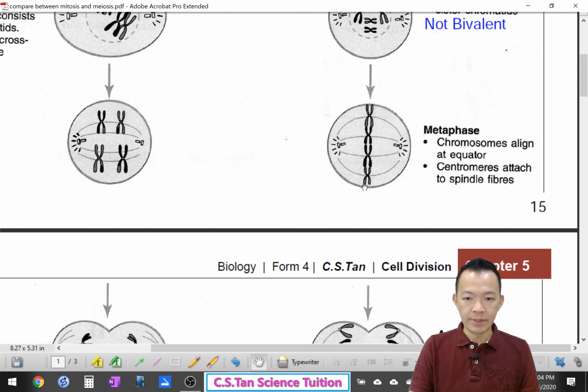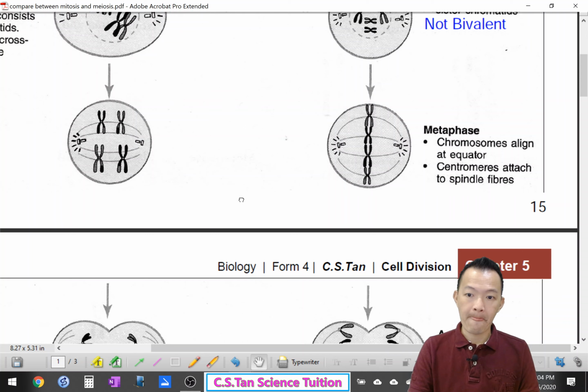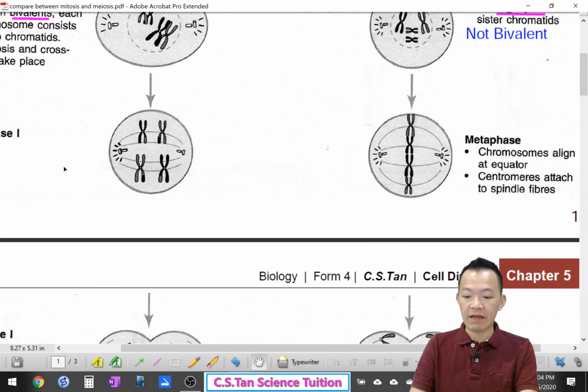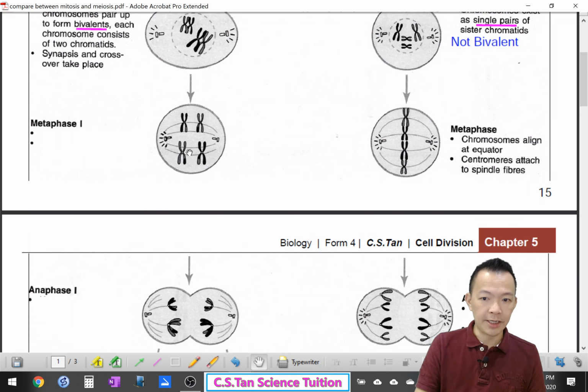The middle of the chromosome is called the centromere. They attach to the surface of the spindle fiber. And if you compare metaphase 1 with metaphase of mitosis, what is different?